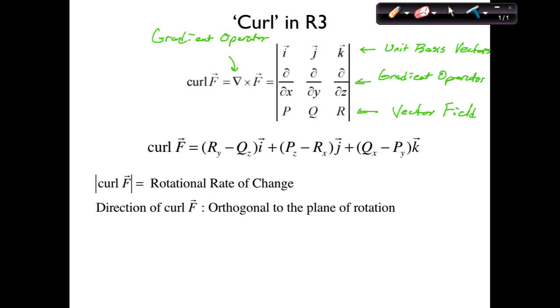Adding the three components together gives you rotation in some oblique plane, and the overall direction of your curl is orthogonal to that oblique plane. This breaks it down into components parallel to our coordinate planes, but when you add it all together, you get rotation in one slanted plane, with the curl direction orthogonal to it.